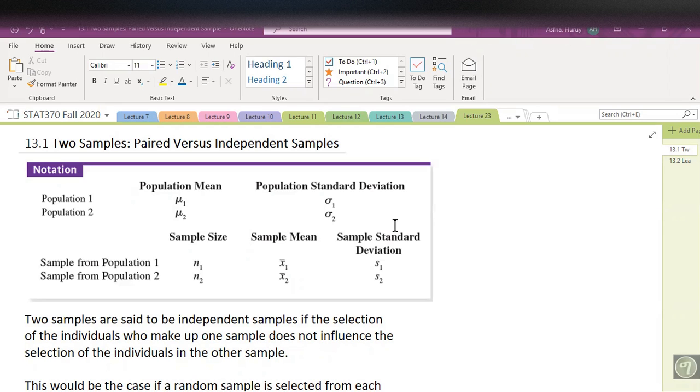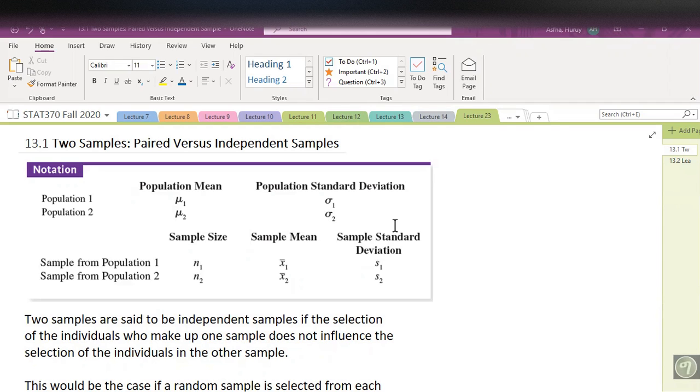Before, in the previous lectures, we've learned how to compare two population means, and we've seen how to construct a confidence interval for the difference between two population means, as well as how to perform a hypothesis test about the difference of two population means. Apologies, we haven't seen this one.